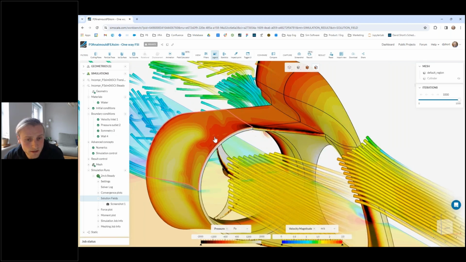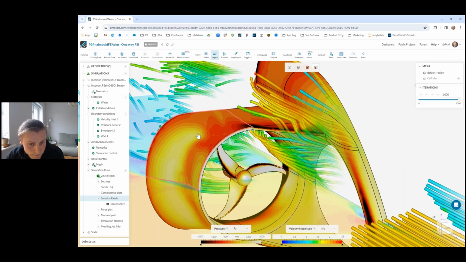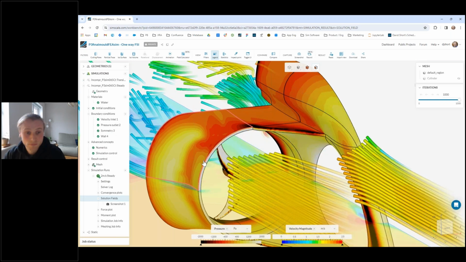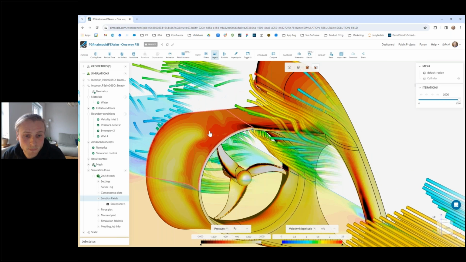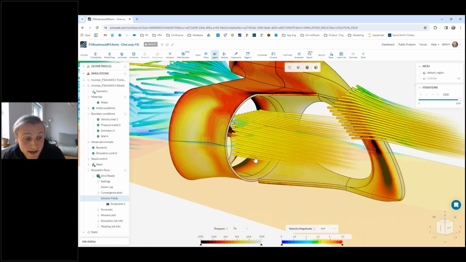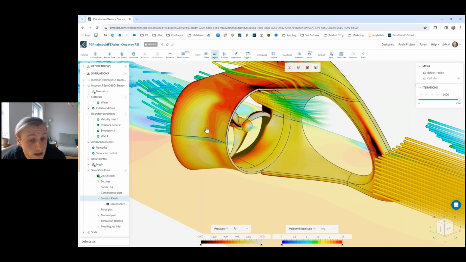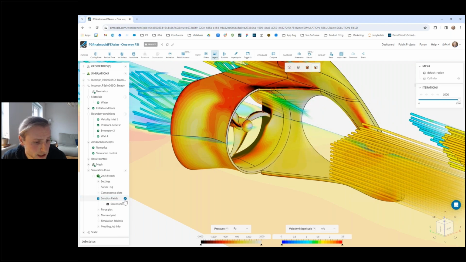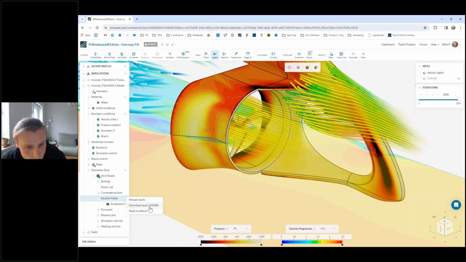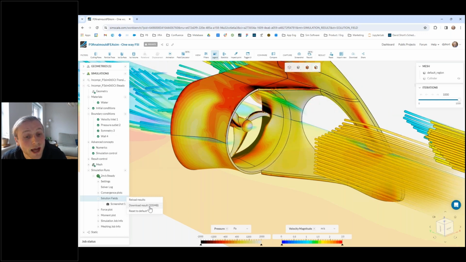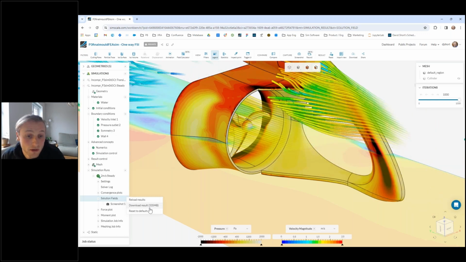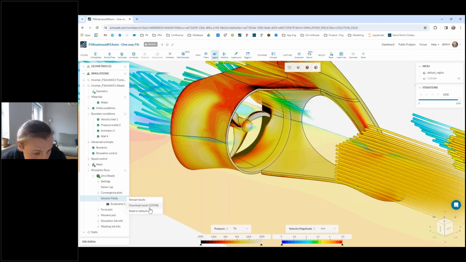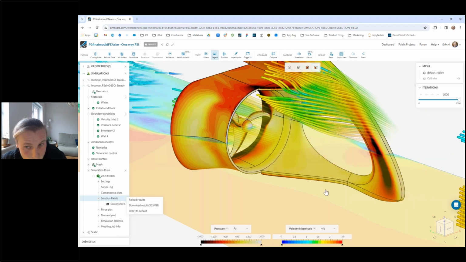This is the nodal pressure, so the pressure on each node on the surface mesh of the Energyfish. Now that's what we need for the structural analysis. So all we need to do is go to this button here, download that result, and then we'll be able to use that for applying the pressure boundary condition in the structural analysis.